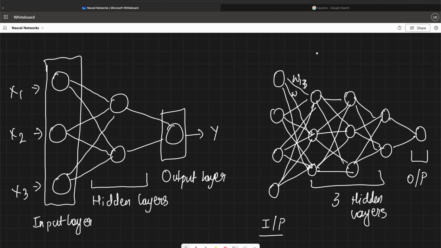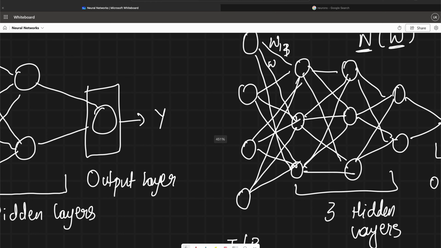So if the number of hidden layers increases, then the number of parameters, or number of weights, also increases. Like these are all the weights, right? That also increases linearly, or not every time linearly, sometimes even exponentially, but it does increase.